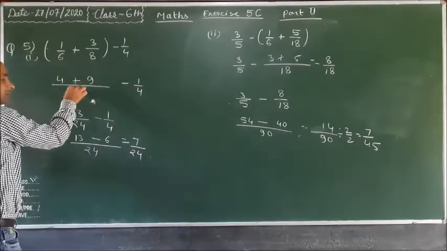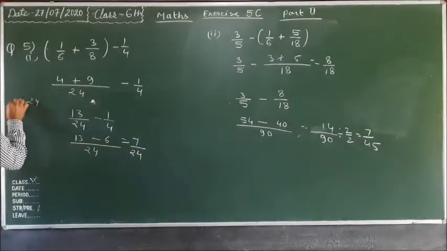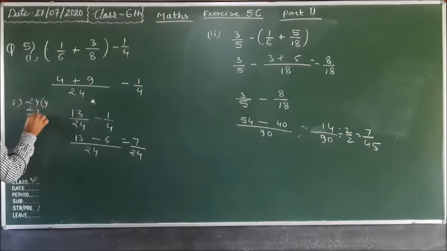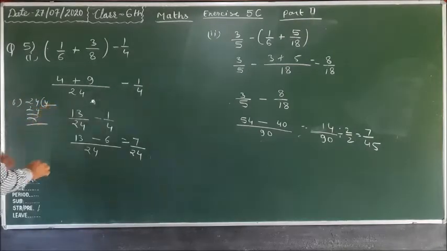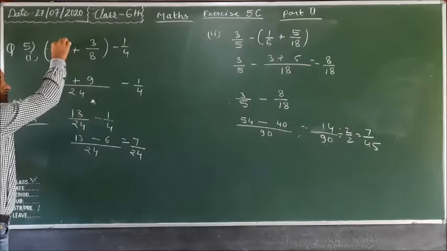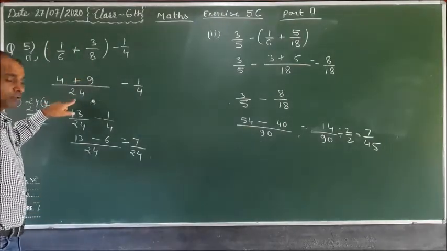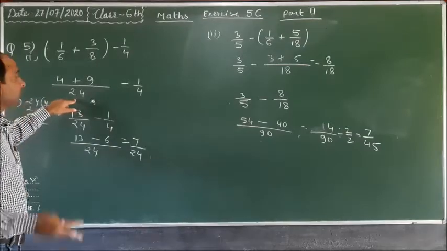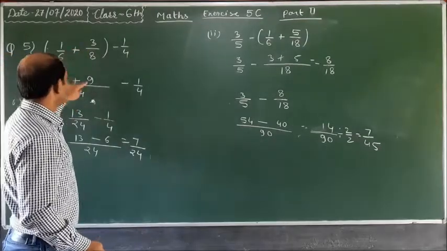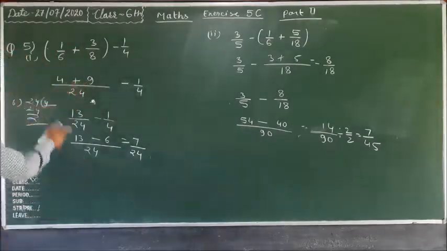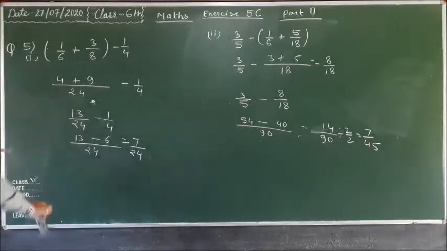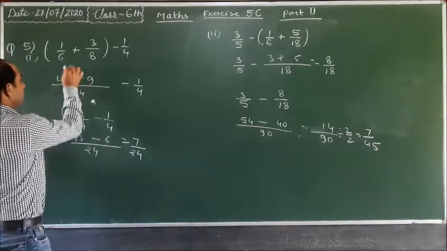6 times 4 is 24, the quotient is 4. Then 4 multiplied by the numerator 1 is 4. Here 8 times 3 is 24, the quotient is 3. Then 3 multiplied by 3 equals 9.